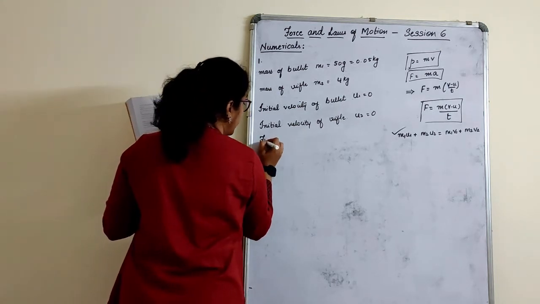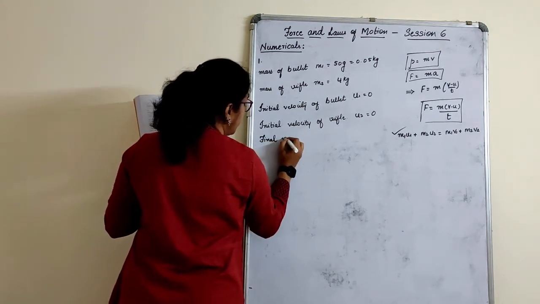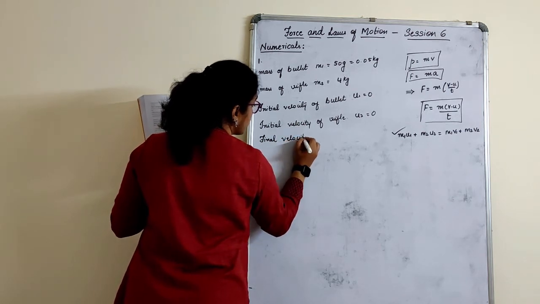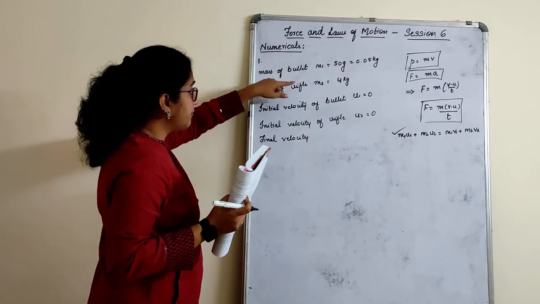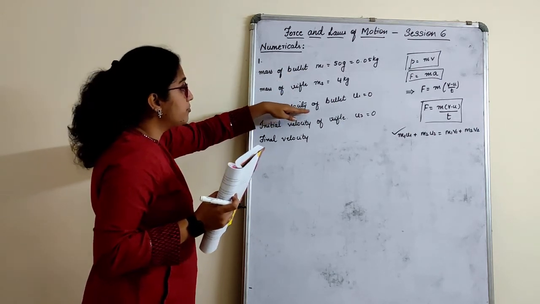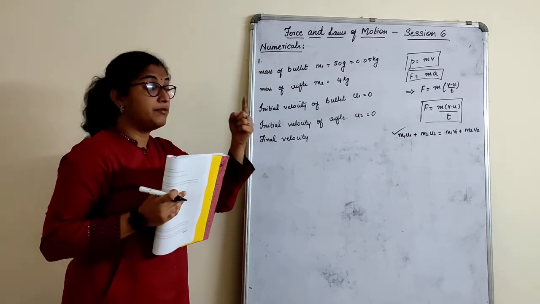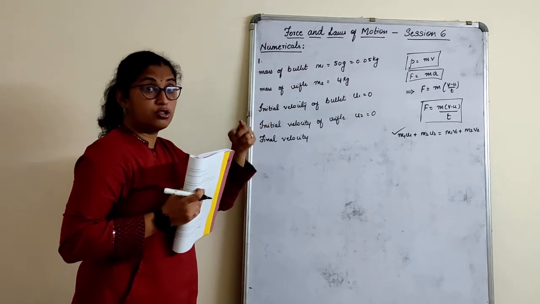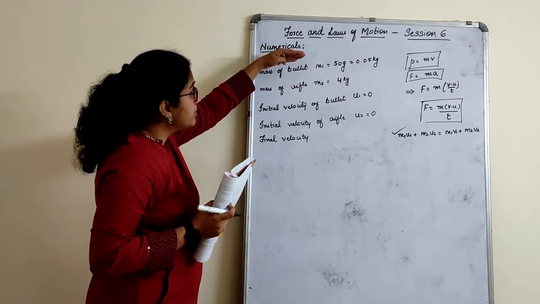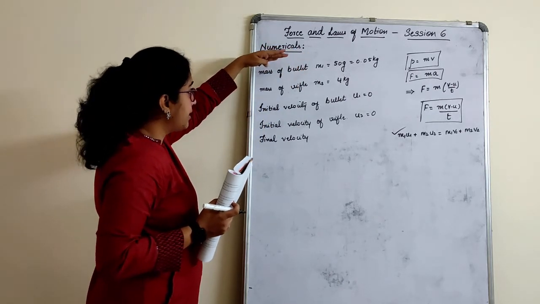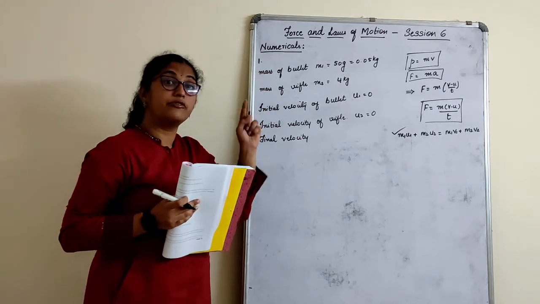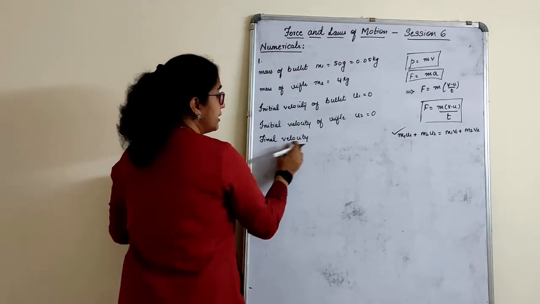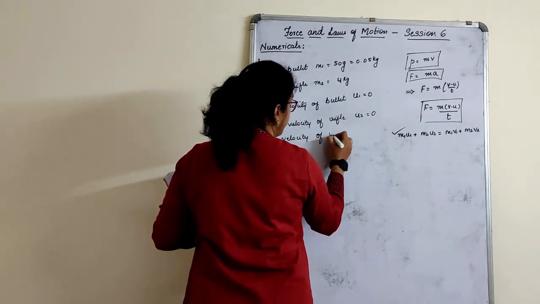Next, what we have to find is the final velocity. Make very sure that if you have written bullet first and rifle next for the masses, the velocities are also written in terms of bullet and rifle in the same order. Otherwise it creates confusion when we multiply m and u.